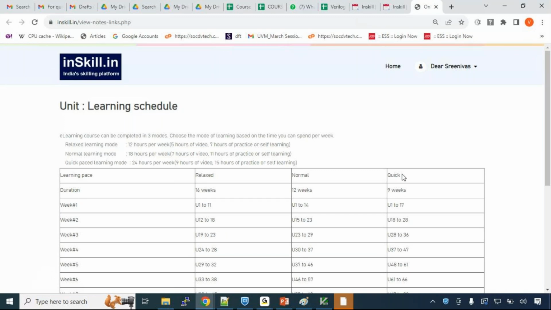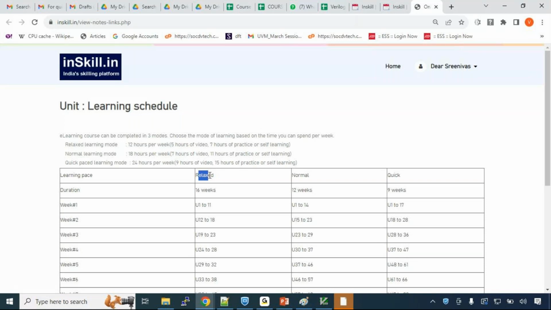This is for the self-paced learning students. If someone can spend a lot of time, let's say 24 hours per week, you can do the course at a quick pace. If you can spend 18 hours per week, that will be normal. If you spend 12 hours per week, it will be relaxed learning, where you take 10 months instead of 6 months to learn.